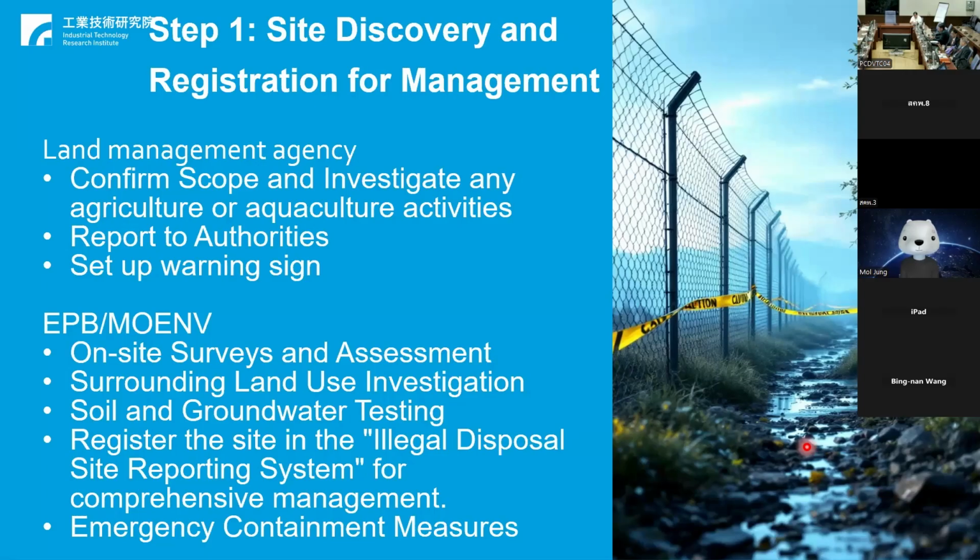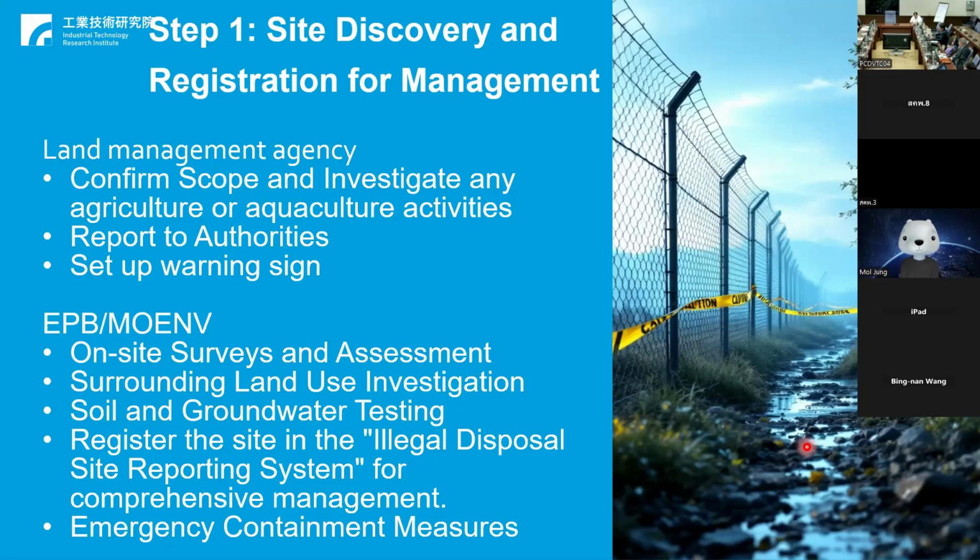Step 1 is almost the same as your steps: we have to do site discovery, and we have a management system. The EPB or the Minister of Environment will register the site on our system. The process begins with the land management agency. They have to confirm the scope and investigate any agriculture or aquaculture activities.